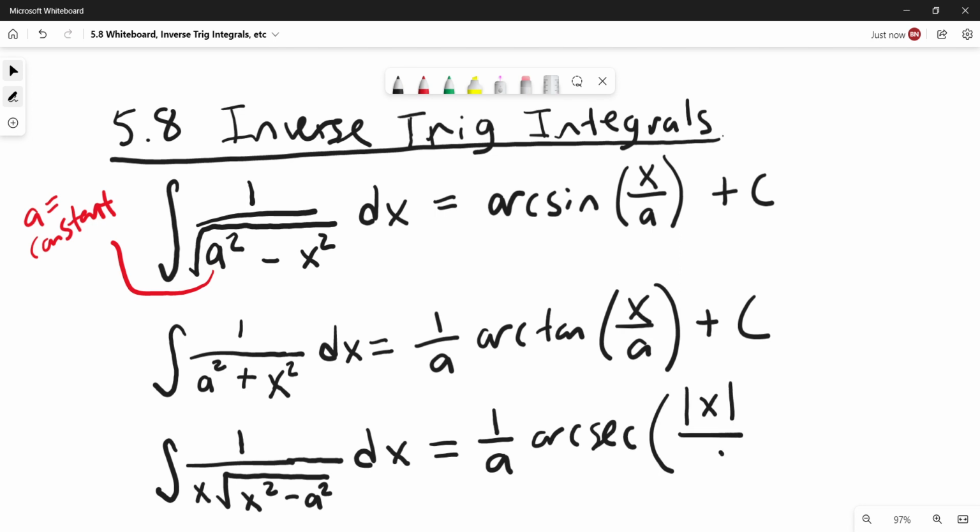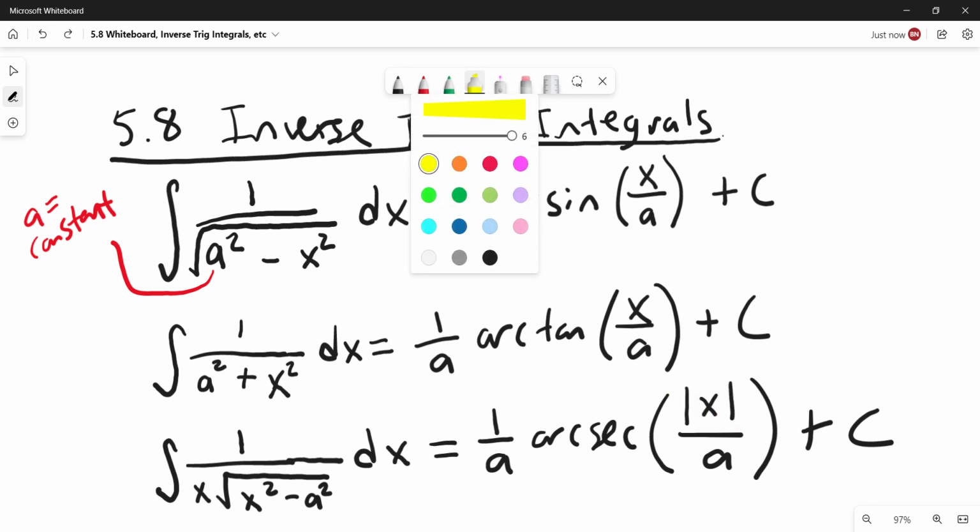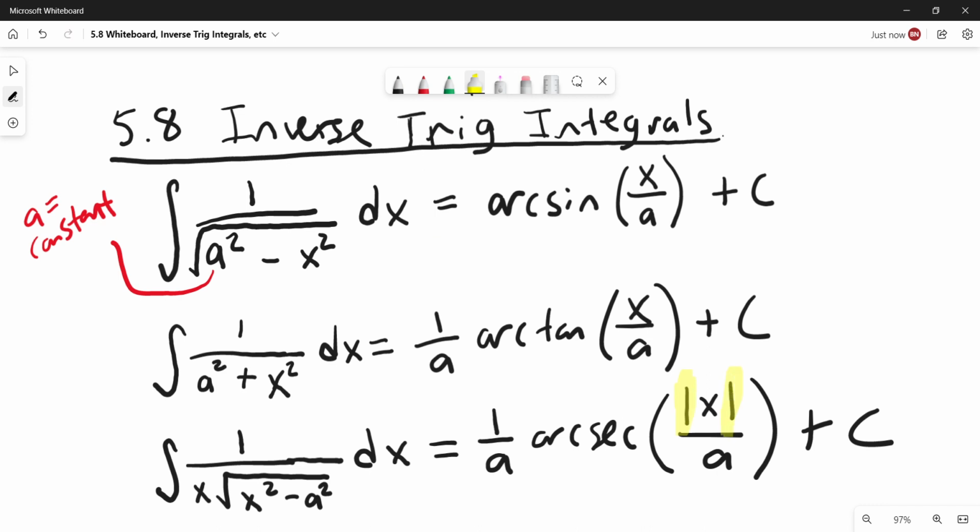Those absolute values used to be, when you were taking the derivative of arcsecant, on the part outside the square root.